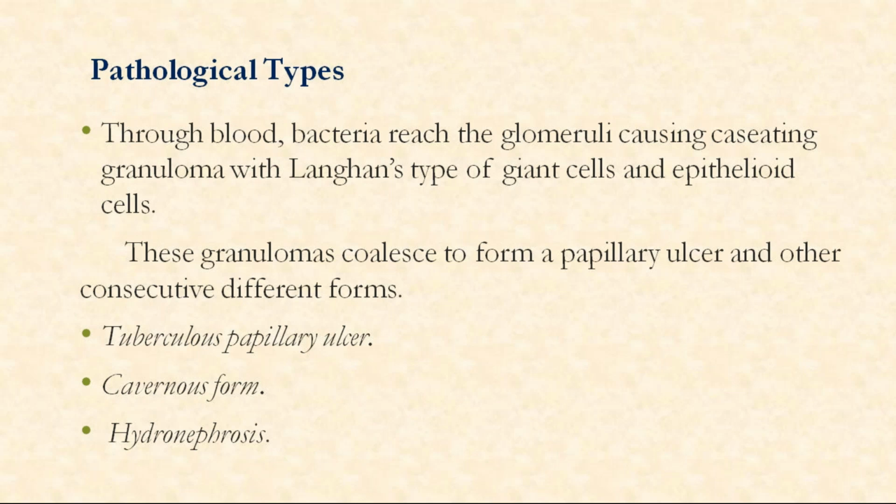These giant cells may enter the ureter and produce an ulcer. So what are the various conditions related to tuberculosis? Tuberculous papillary ulcer, cavernous form, and hydronephrosis.